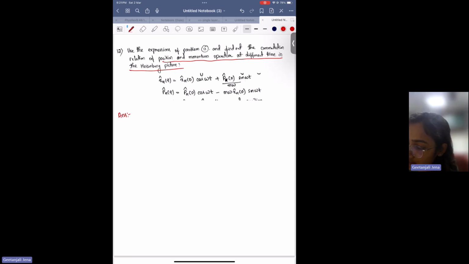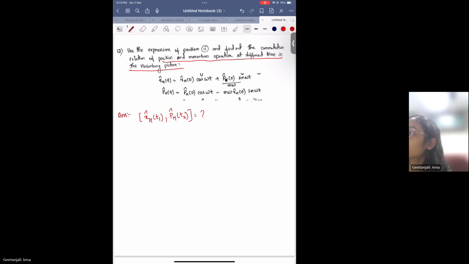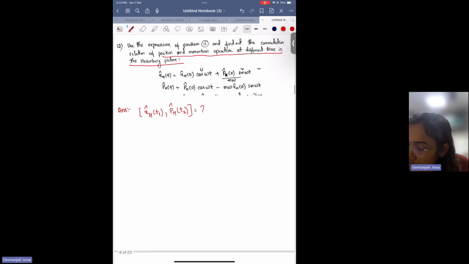So it is asking about the commutation relation. Let's say we are measuring the position at time T1 and another operator, which is the momentum operator, at time T2. Now it is asking what will be the value of this commutation relation at different times.